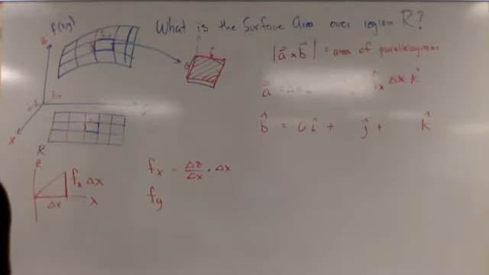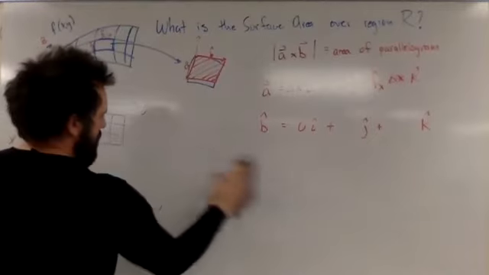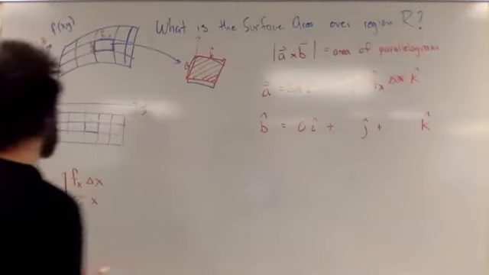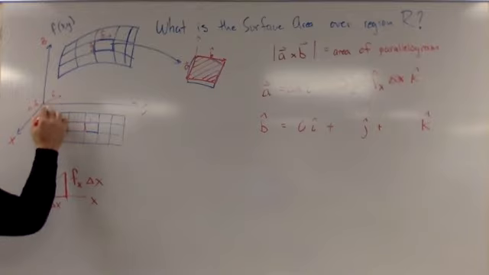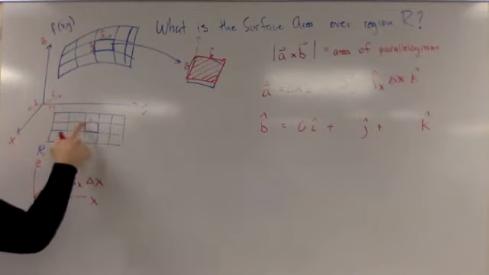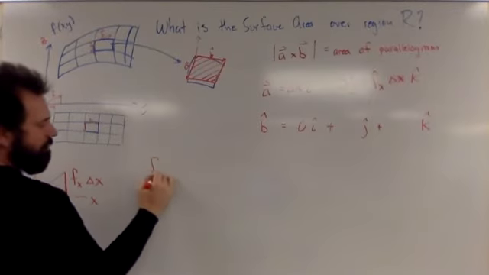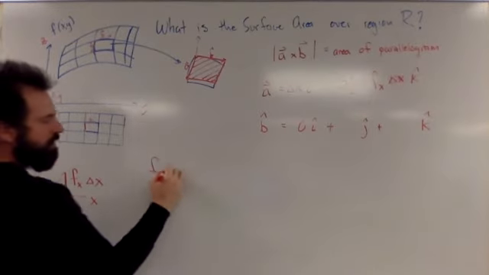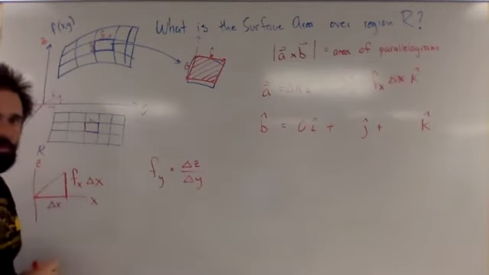So now, similarly for my b value, let me clean this up here. Actually, let's use this. If I look here, that distance across is going to be my delta y. That's just my distance across this rectangle. My height here, well, I know my f y, my partial derivative with respect to y. That tells me, for my change in z, what my change in y is.